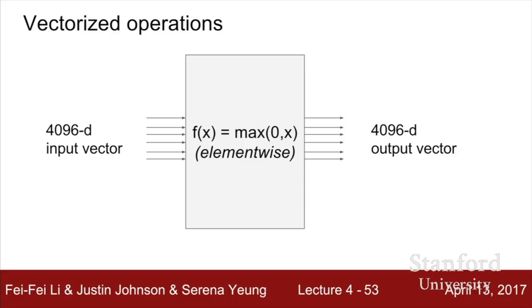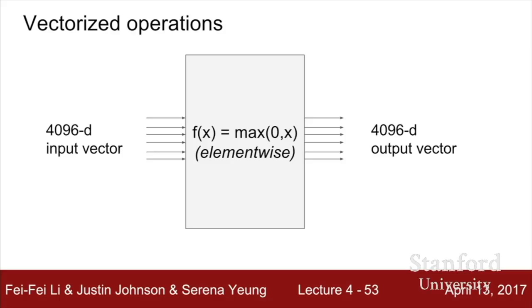To give an example of something where this is happening, let's say our input is now a vector. Let's say we have a 4096-dimensional input vector, which is a common size that you might see in convolutional neural networks later on. Our node is going to be an element-wise maximum, so f of x is equal to the maximum of x compared with 0 element-wise.